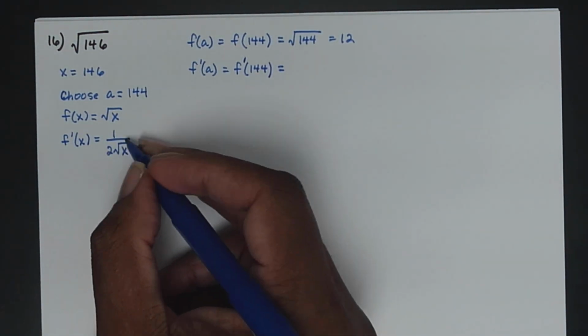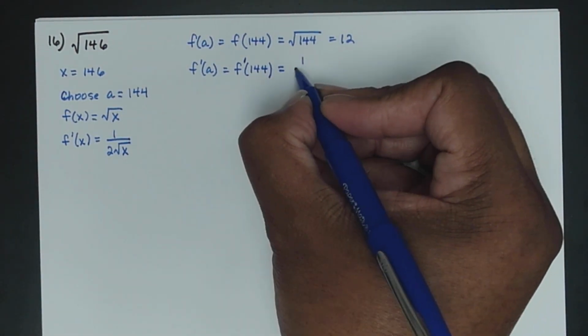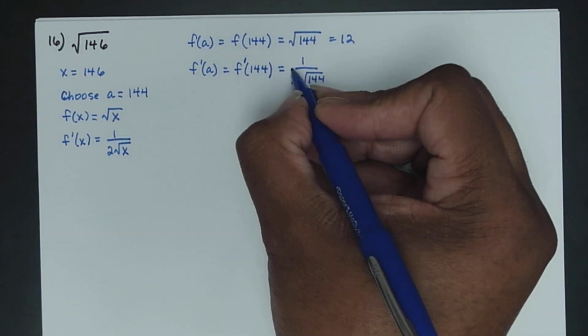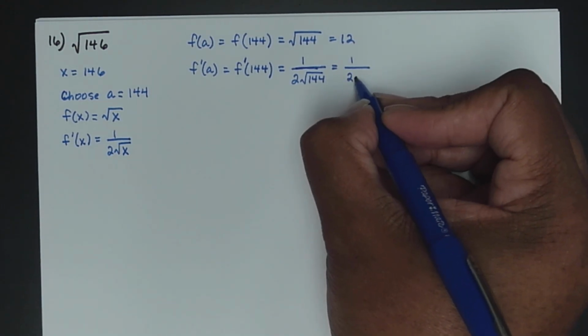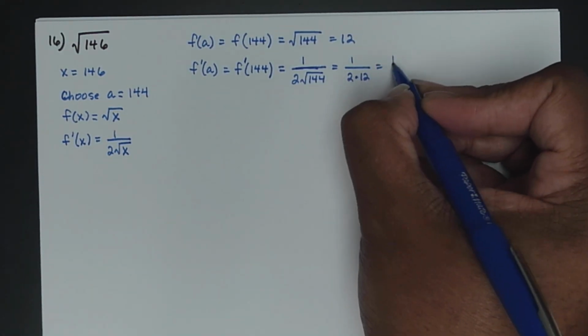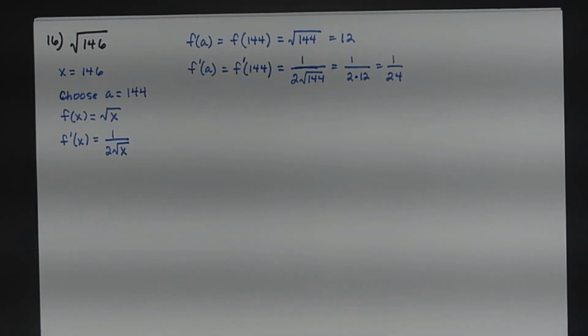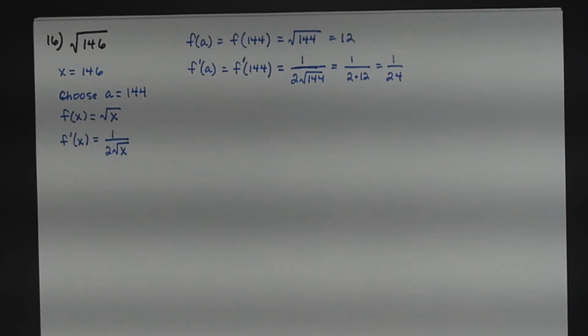Using f prime of x as 1 over 2 square root of x, it'd be 1 over 2 times the square root of 144. Now, we already determined that the square root of 144 is 12, so 1 over 2 times 12. We simplify that, it will be 1 over 24. So that's what f prime of a is when a is equal to 144.